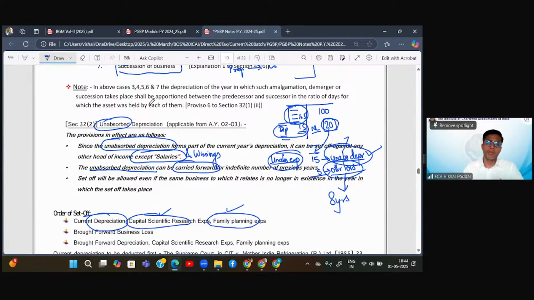However, unabsorbed depreciation can be carried forward for any number of years. So no time limit is provided for carrying forward the loss because of depreciation. This is the important point about carry forward and set off, which you will study in detail in the topic of set off of losses.